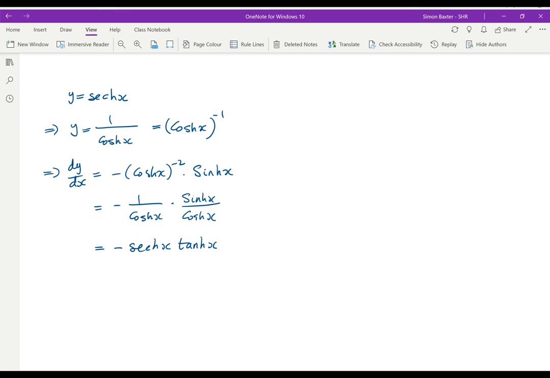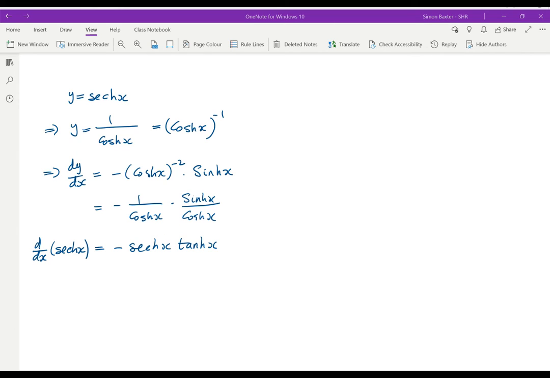So again, a lot of similarity between ordinary trig and hyperbolic functions. The only thing that goes wrong is the minus sign from time to time.